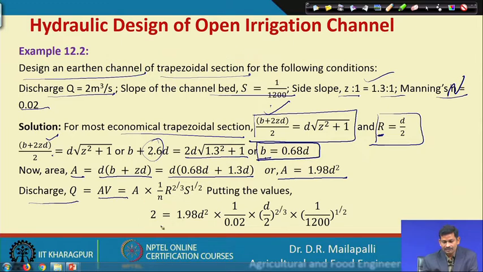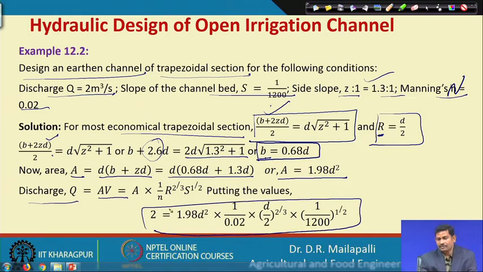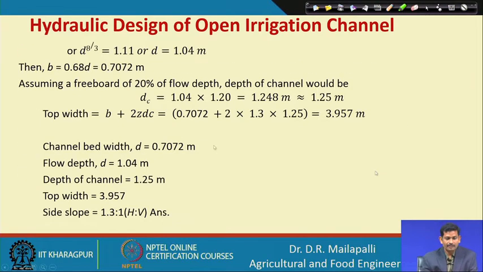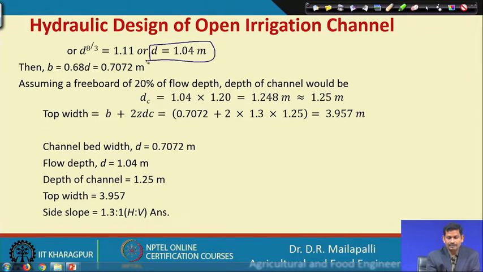So, putting in the values, you get this equation, and then you can solve that equation. Finally, you get d is equal to 1.04 meter, and then substituting in the previous equations, you get b is equal to 0.7072.